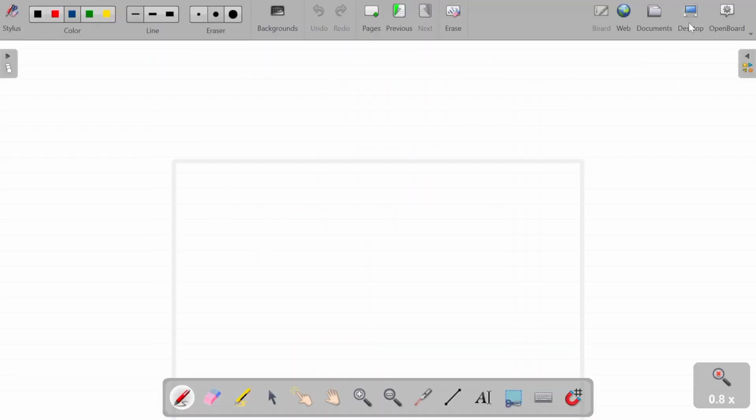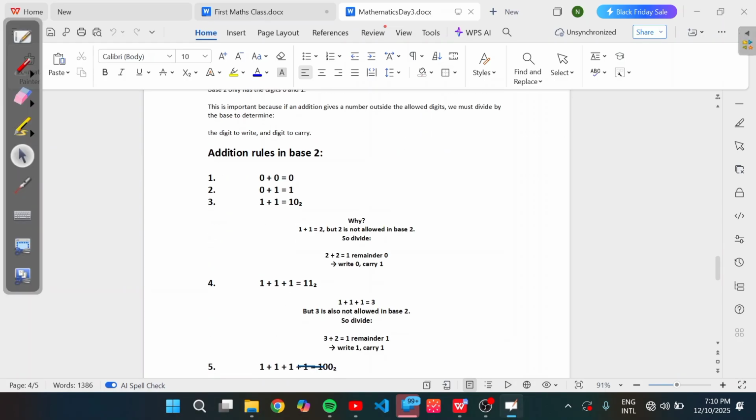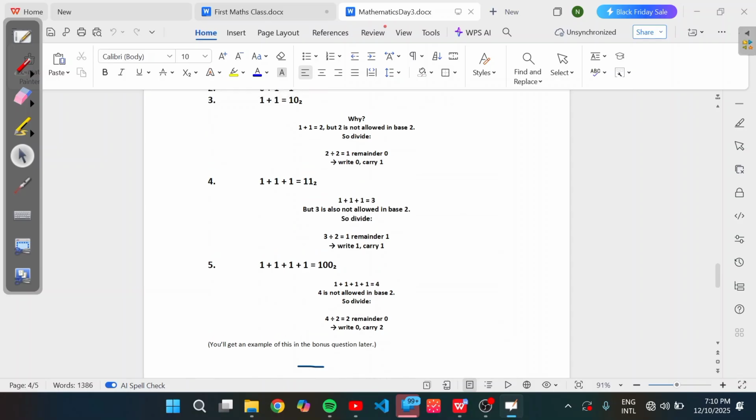And since 2 is not allowed in base 2, we divide it by 2. So basically, this 1 plus 1 equals 2, we divide it by our base 2 here.